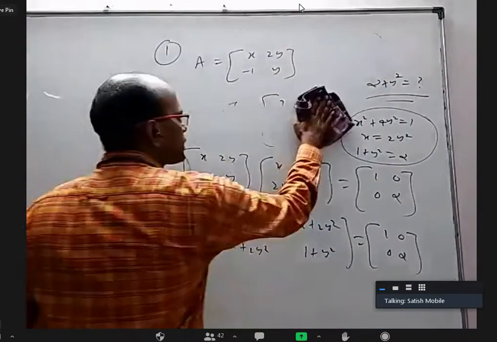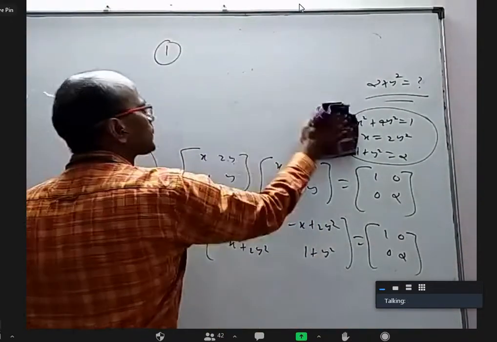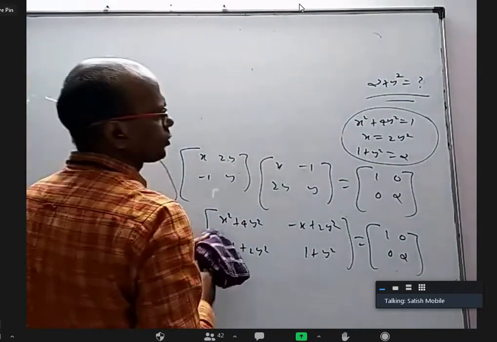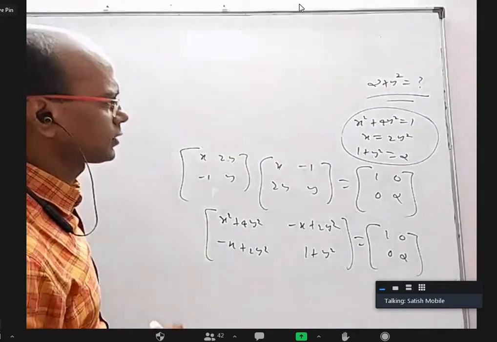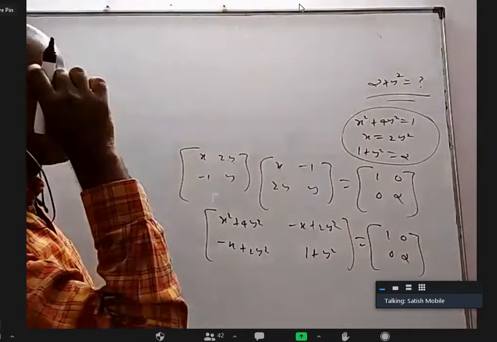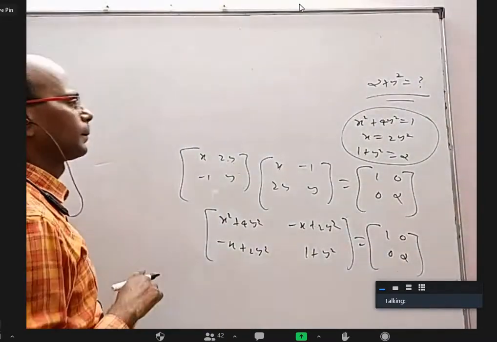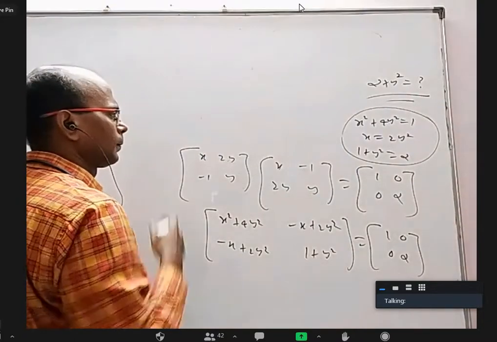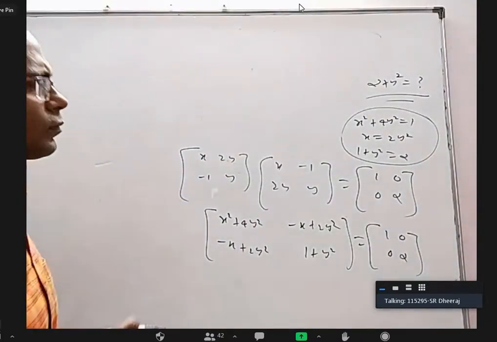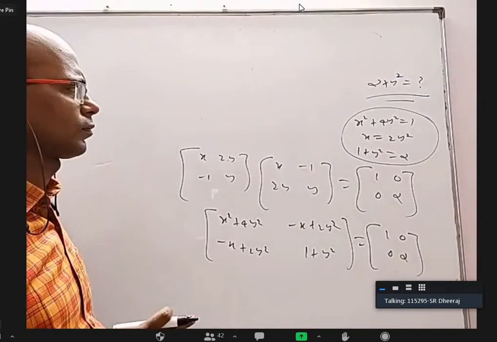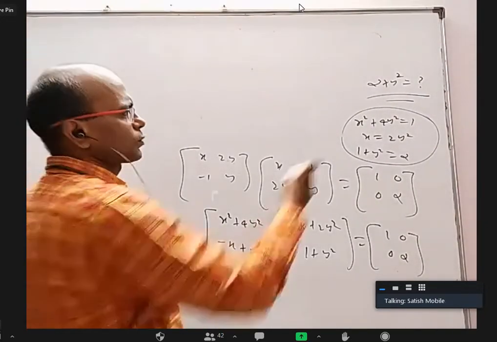Okay, so I'll erase this part first. So you write x here. That itself is coming third. That means 1 plus or minus root 3 like that is coming. If we substitute 2y square, we are getting y equal to 0 or y equal to 1 by 2, sir. You want to substitute x as 2y square?